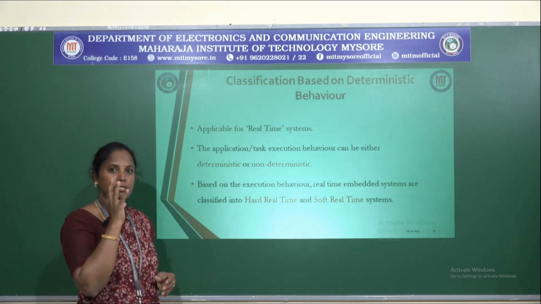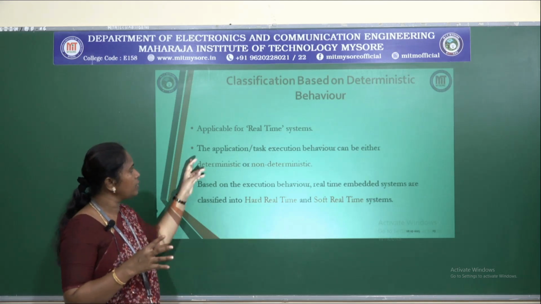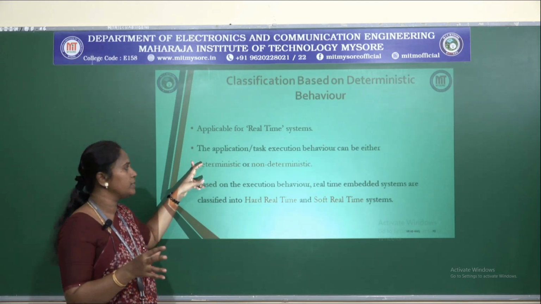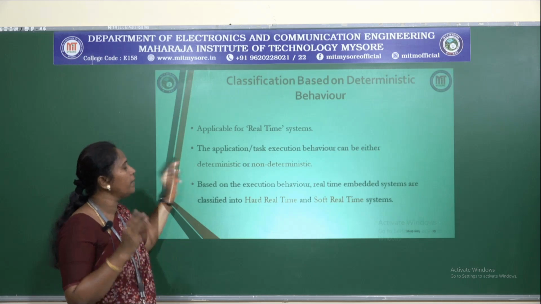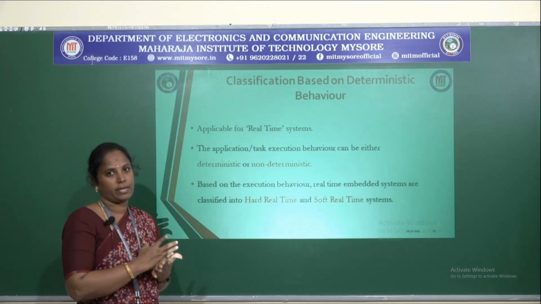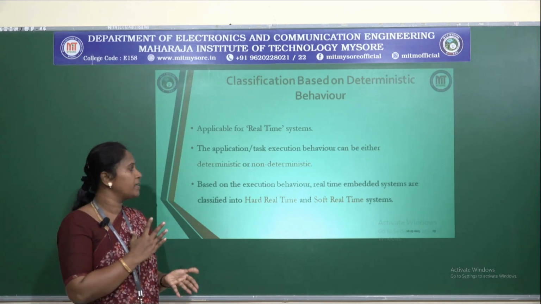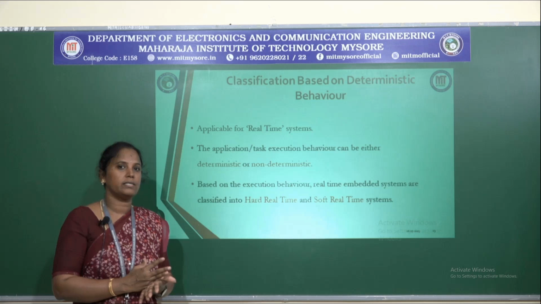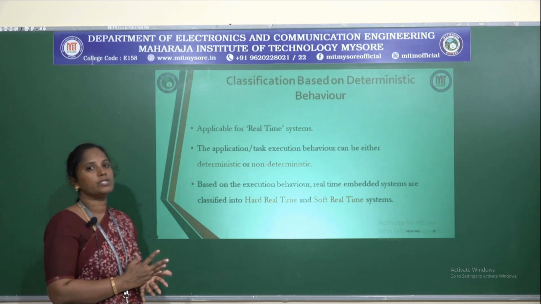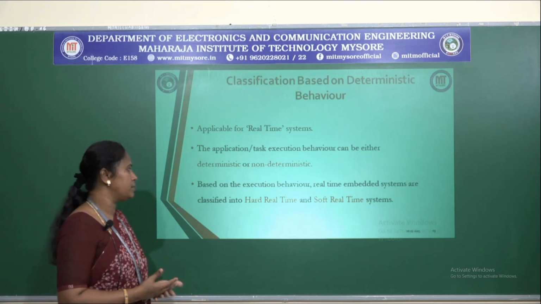So that has to be deterministic, that means it has to do its proper work. Here also we give much importance to real time behavior, that means the task has to be completed within the specified time. If it performs its operation at the particular time instant, then we call it deterministic, and if it does not, then we call it non-deterministic.